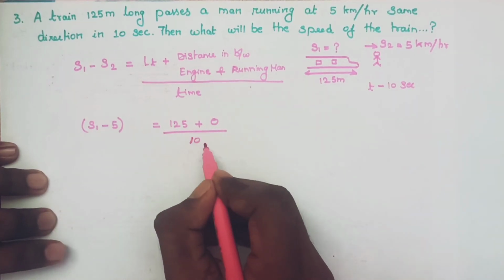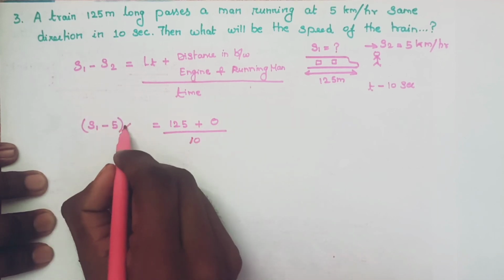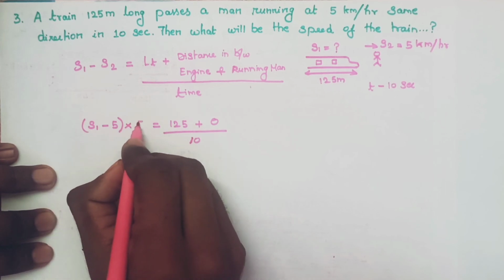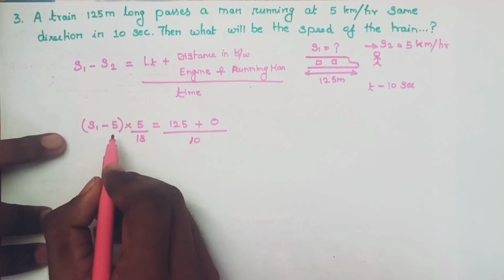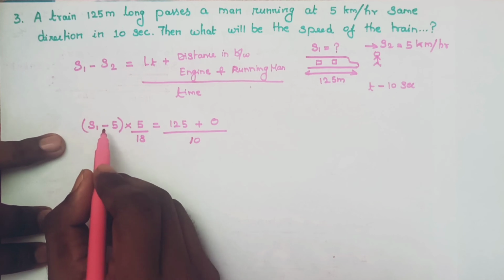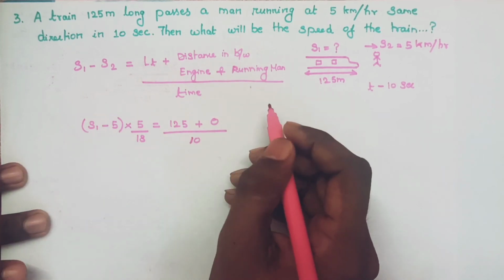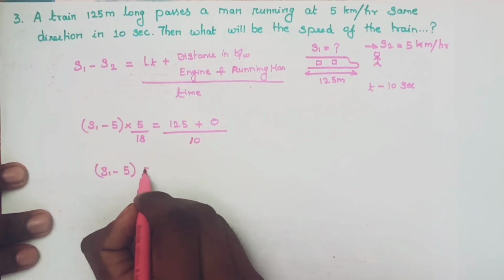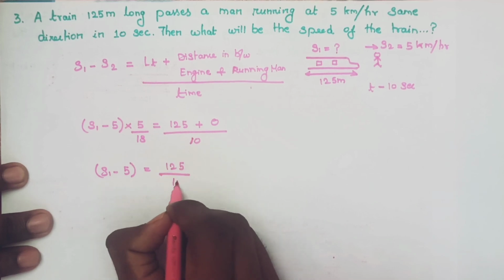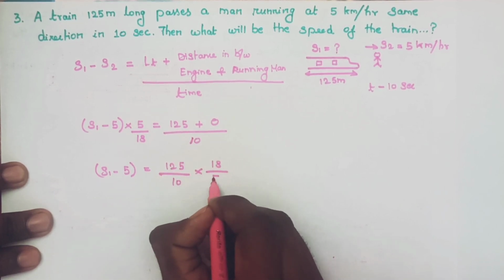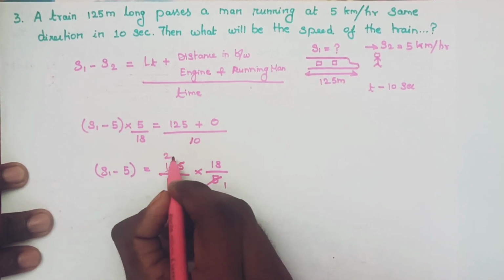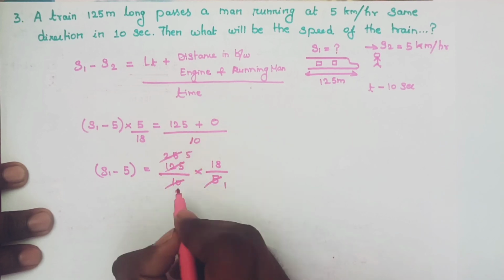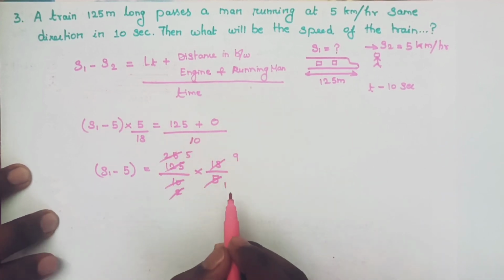Here the time is in seconds, distance in meters, so we have to convert this speed in kilometer per hour into meter per second, 5 by 18. But you have to remember, within this bracket it's still in kilometer per hour, right? S1 minus 5 is equal to 125 divided by 10, 18 by 5. 1 fives are 5, 2 fives are 10, and 5 fives are 25, 2 fives are 10, 5 fives are 25, 1 twos are 2, 9 twos are 18, right?